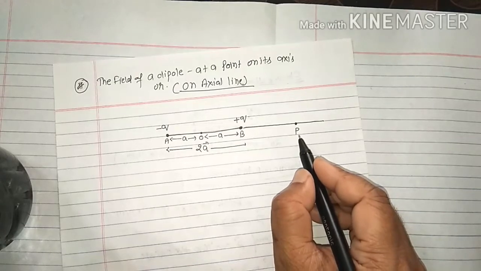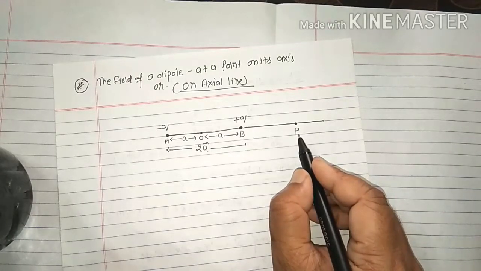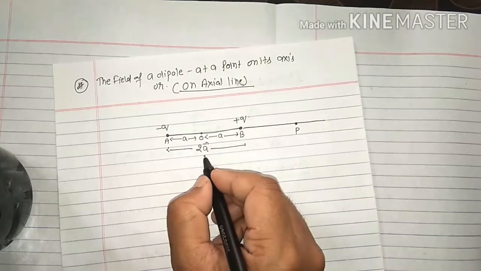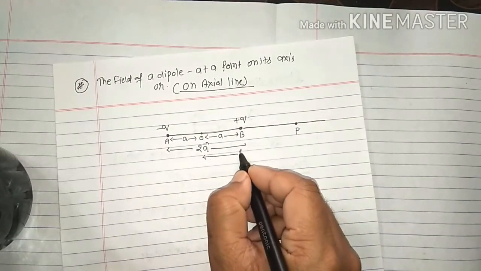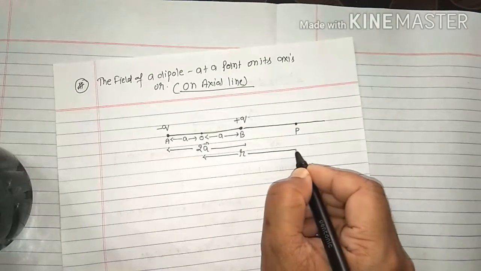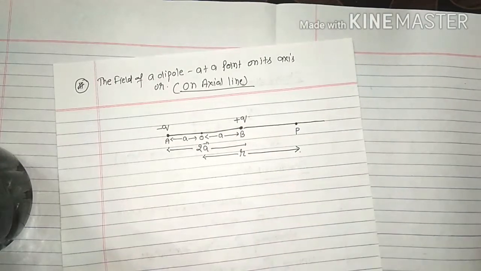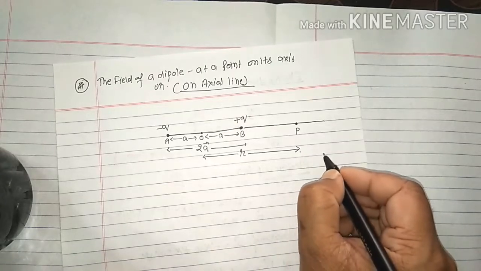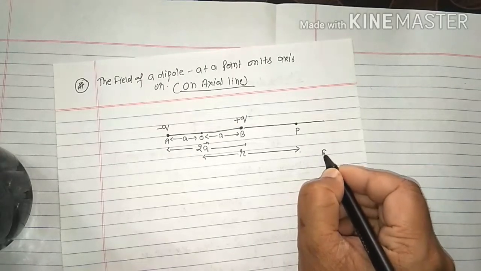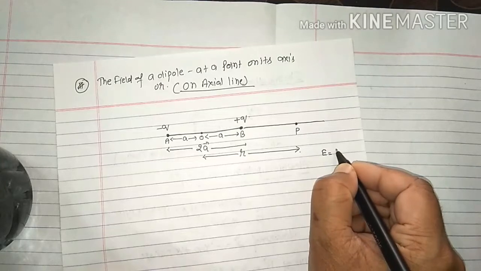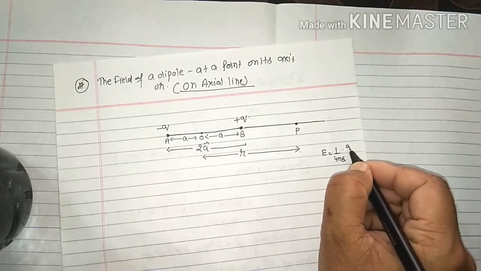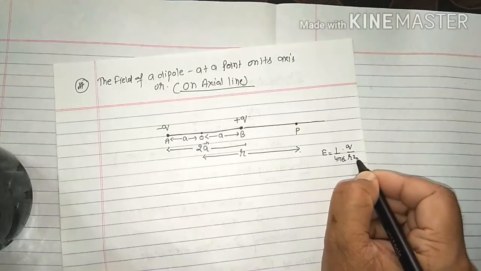The distance of the point of observation, which is P, from the center of this dipole is r. In the previous lecture we discussed that the electric field due to a point charge is equal to 1 upon 4 pi epsilon naught, q by r square.